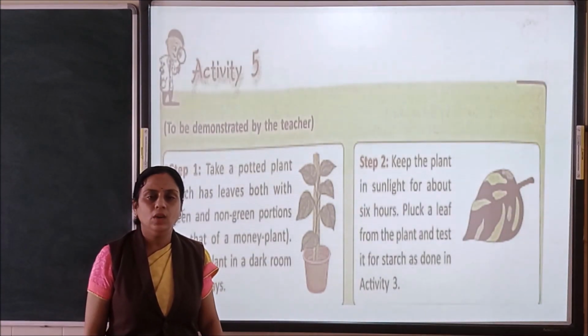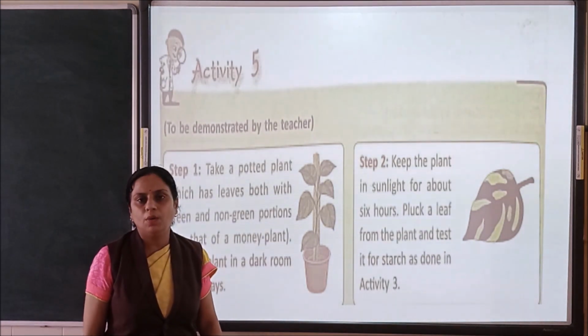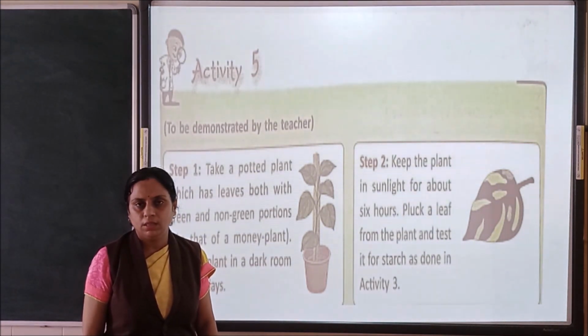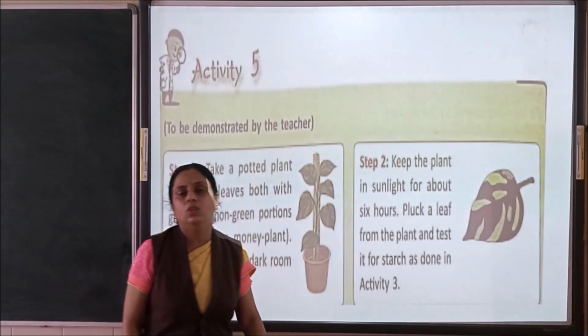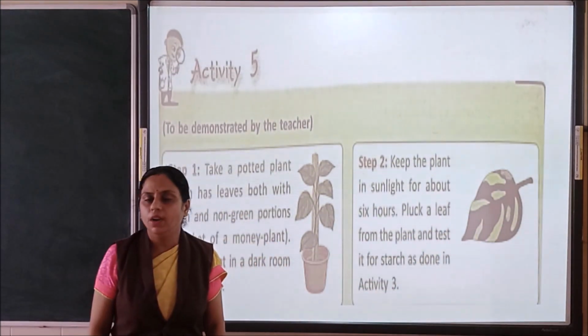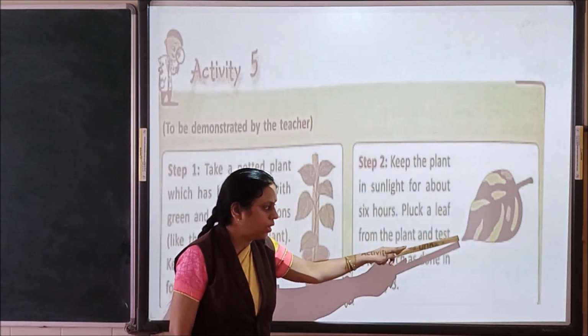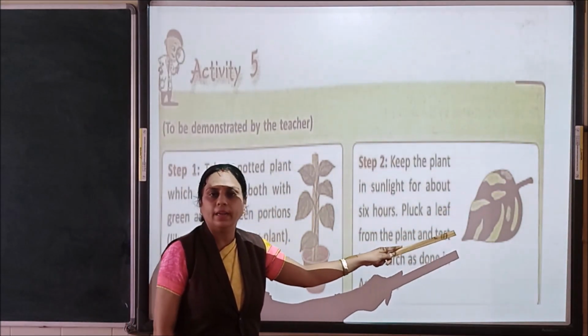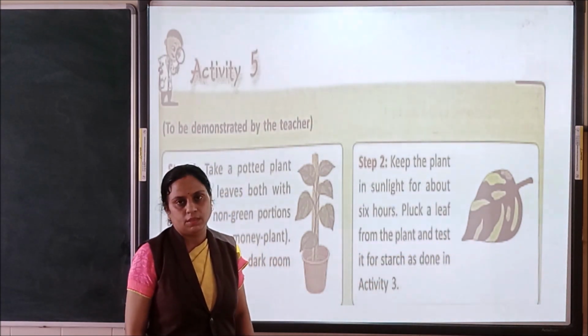Why did the non-green portion remain as it is after putting a few drops of iodine solution? Because that non-green portion did not have chlorophyll. The portion which turned blue-black was the green portion.